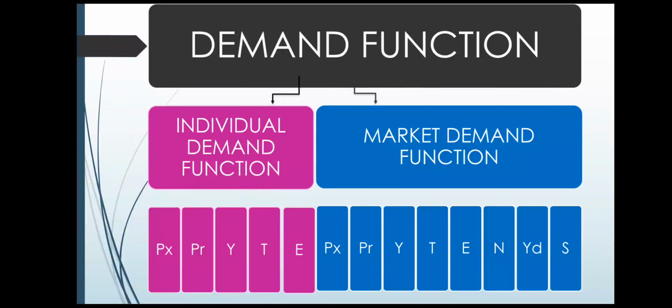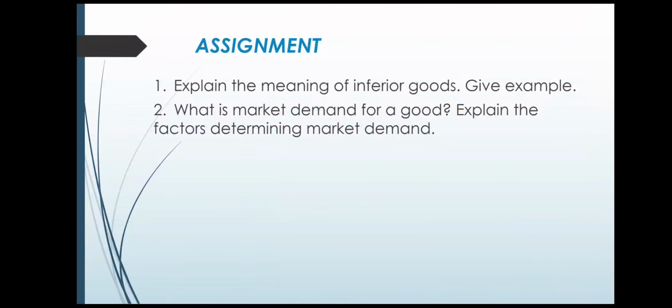Market demand function includes these 5 determinants, and along with it there are 3 new determinants that have been added. The first one is number of buyers, the second one is distribution of income, and the third one is season and weather.